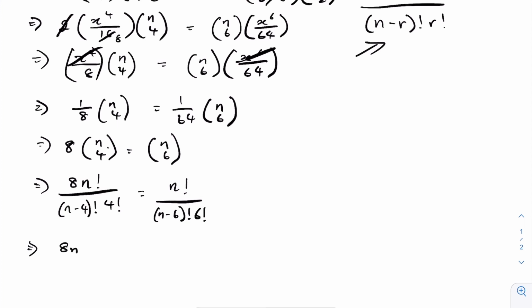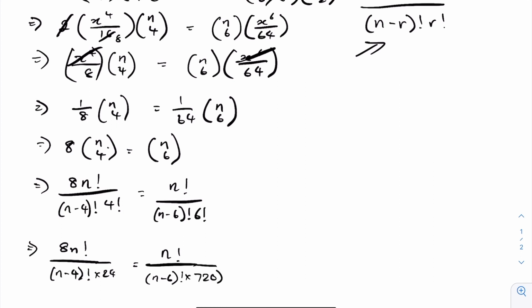So right now we have 8 n factorial over n minus 4 factorial times 24, and this is equal to n factorial over n minus 6 factorial times 720. I don't know why I put the bracket there. Let me just delete it. 720.